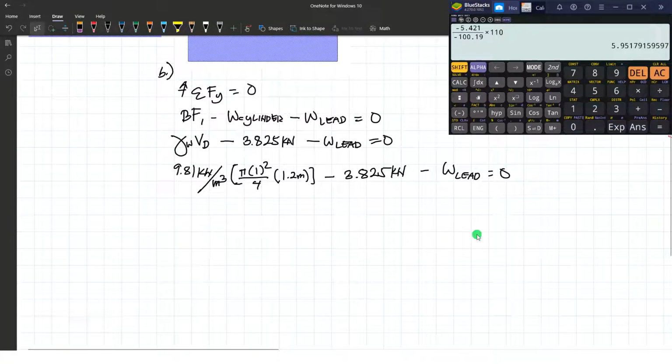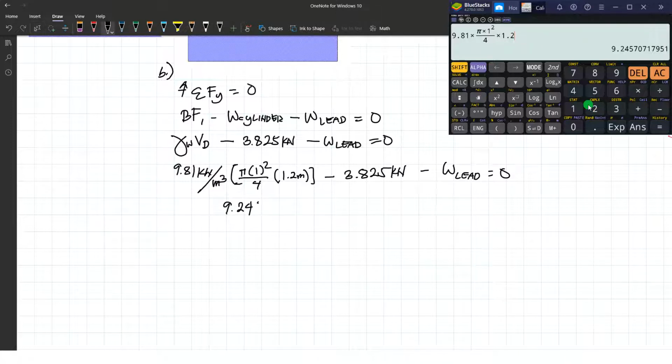So let's compute first the buoyant force. The buoyant force is 9.81 times pi d squared over 4 times 1.2. 9.246 kilonewtons minus 3.825 minus weight of lead equals to 0.